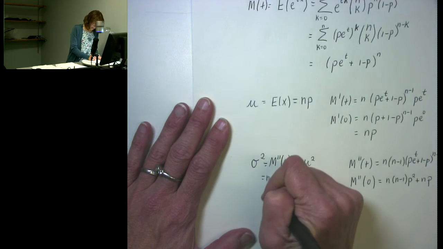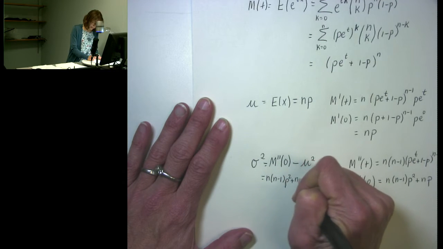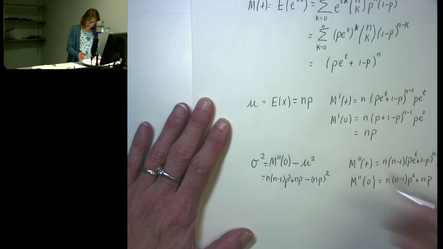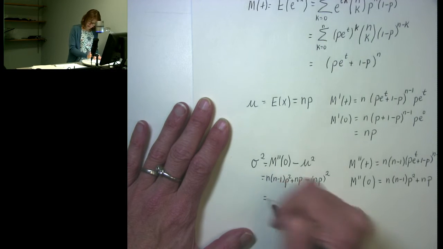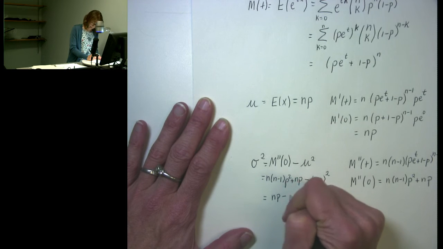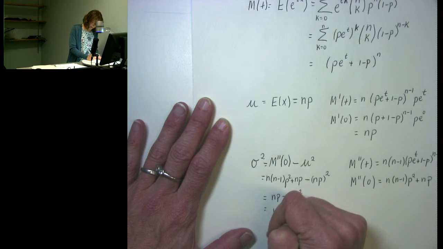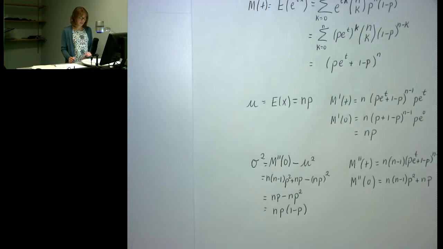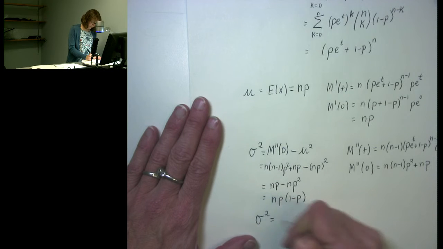So this gives me n times n minus 1 times p squared plus n times p minus n times p squared, which is going to simplify to give me n times p times n minus p squared, which if I factor out the n and the p is n times p times 1 minus p. And if you remember, that is our old formula for the variance of a binomial distribution.